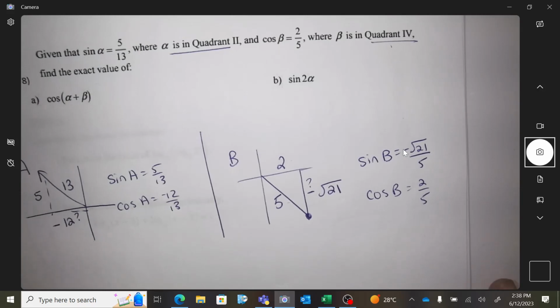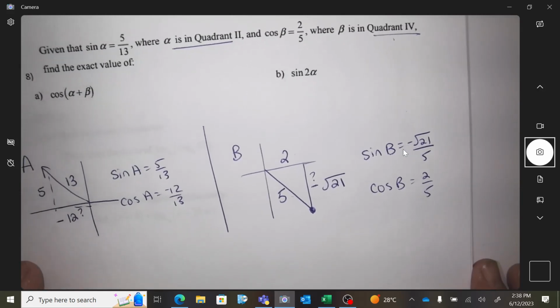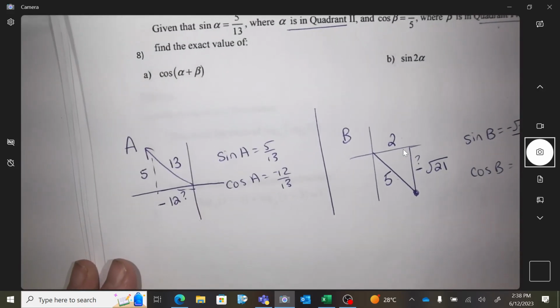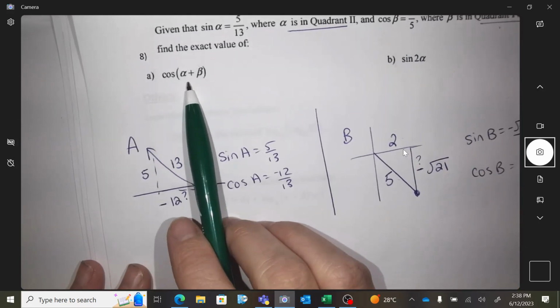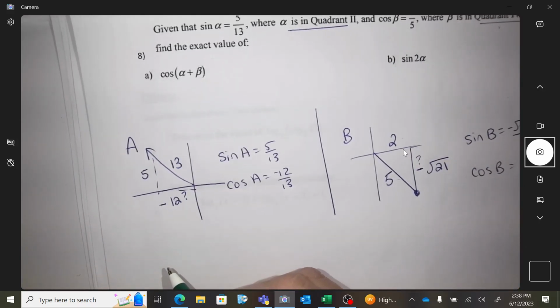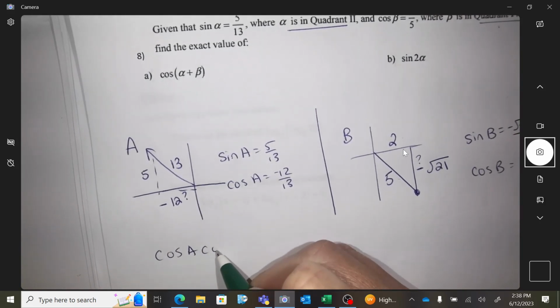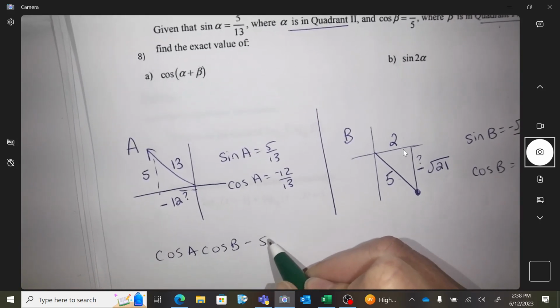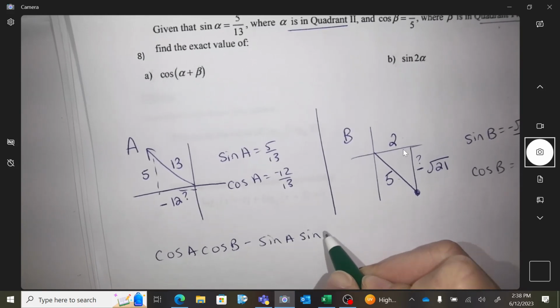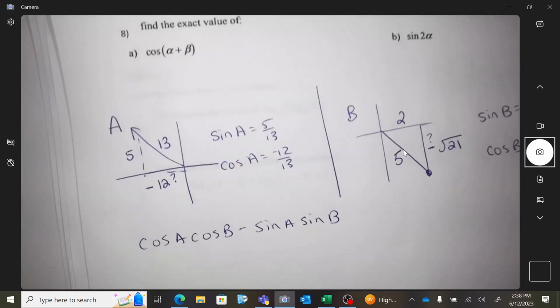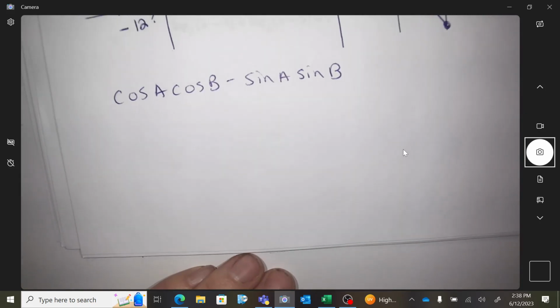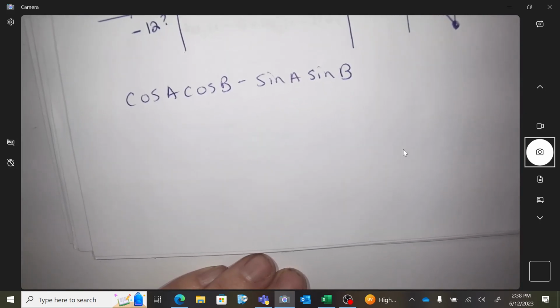That's the hard work, and then the rest is formula work. Okay, so this is cos A plus B. So what is the formula? So go to your sheet. So I got the cos minus the sine formula. So that was the formula sheet.